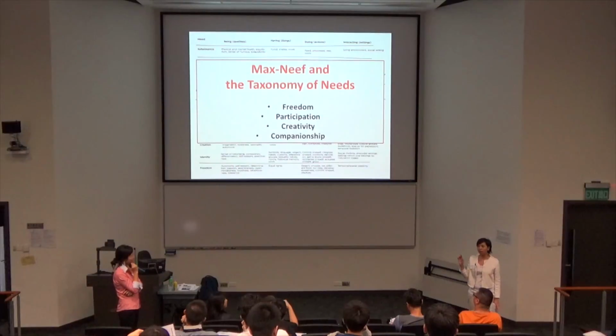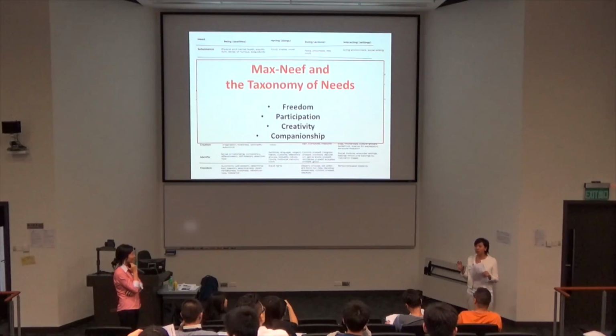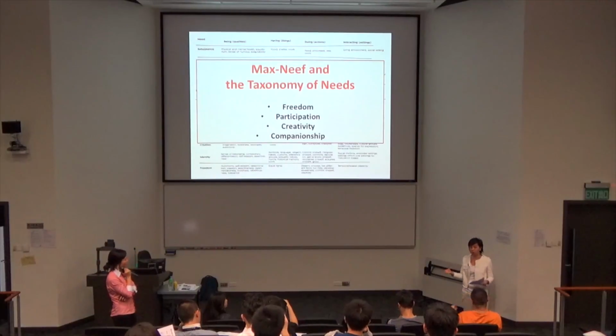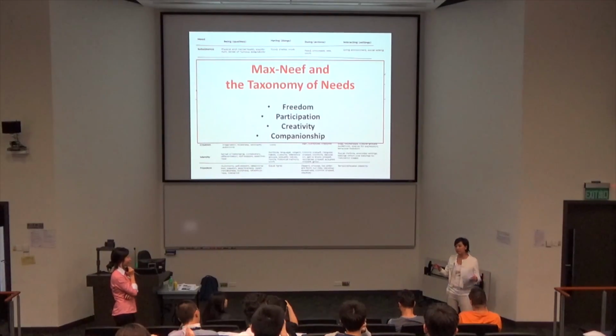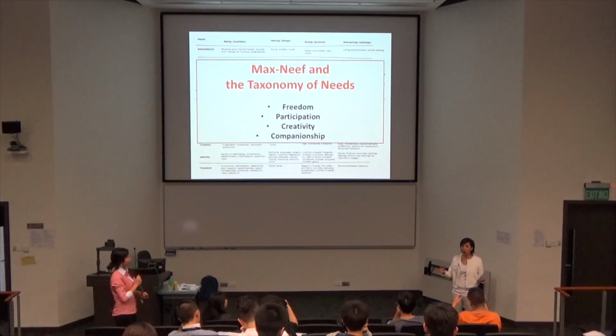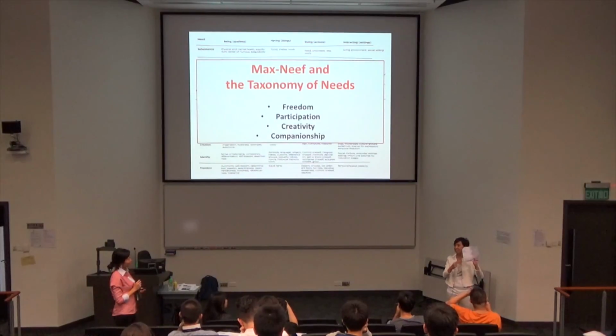Max-Neef is an economist who studies third world economic problems. He noticed that for an economy, for a civilization to rise and become a proper economy, there is a whole taxonomy of needs that a market needs to fulfill.